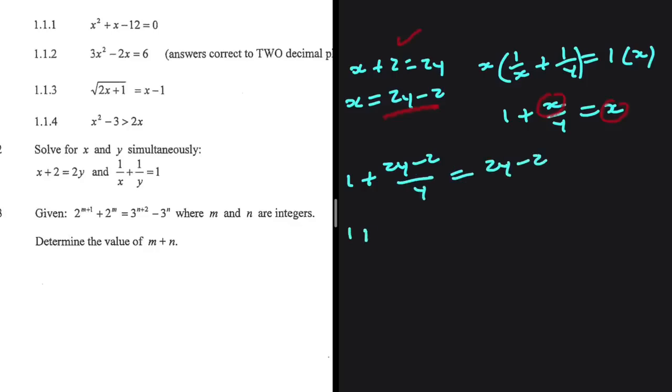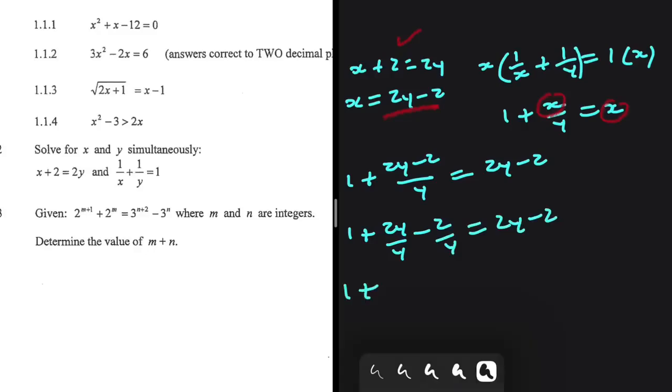So we're going to have 1 plus 2y divided by y minus 2 divided by y being equal to 2y minus 2. 1 plus 2y divided by y, the y cancels out, we are left with 2 minus 2y being equal to 2y minus 2.